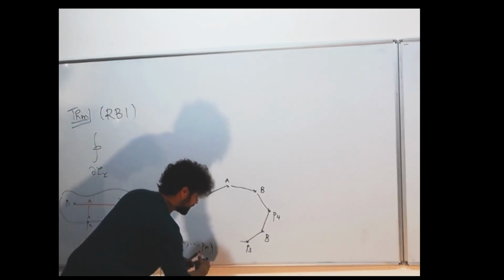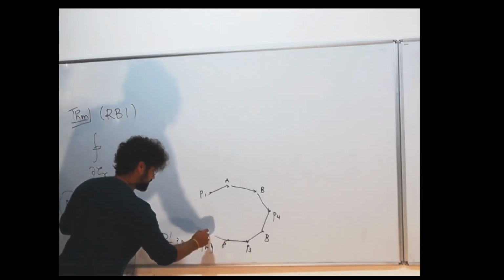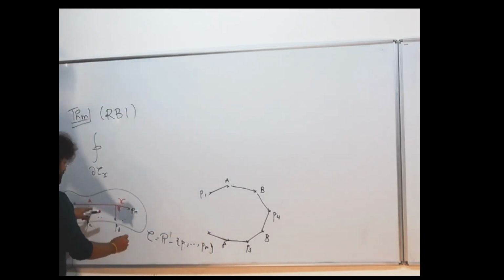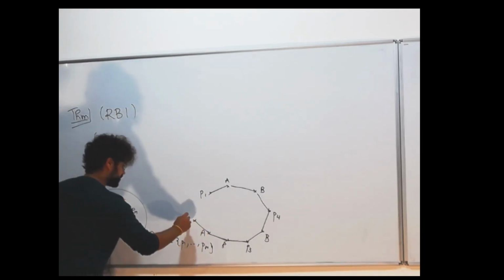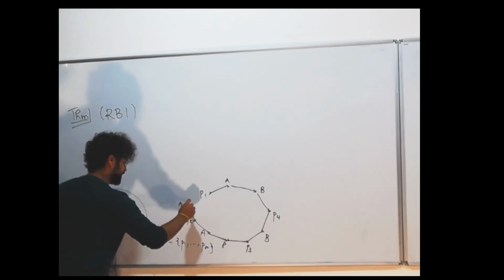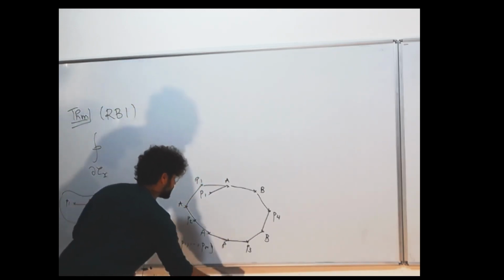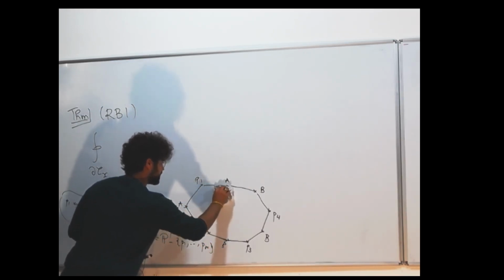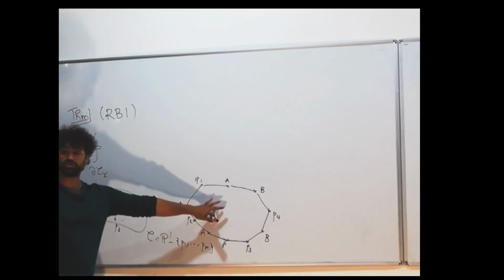So P3, B, A, P2, A again, and then P1. So C, where you remove gamma, would look something like that.